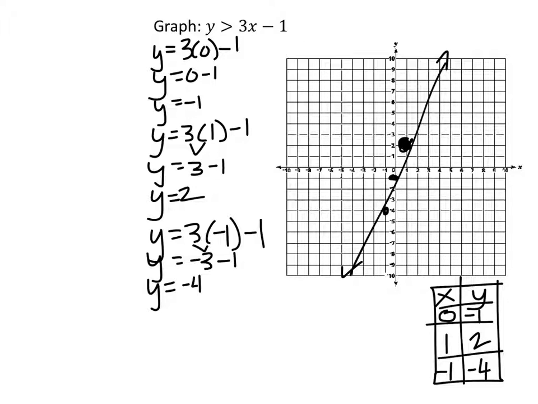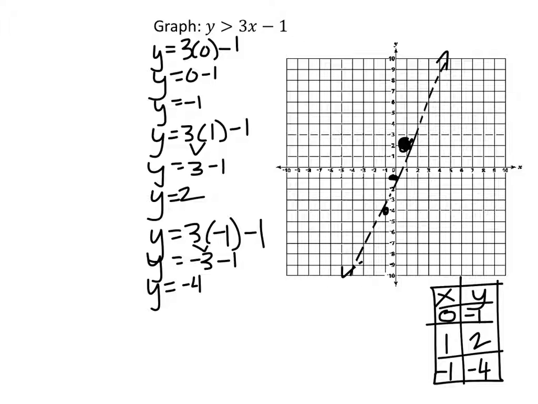This one does need to be dashed, so you'd have to take your eraser now and kind of put some dashes in there. Or if you wanted to go back and just make it a dashed line. Some people do dotted lines for these with the pencil or the pen, and that's okay also. It means the same thing.